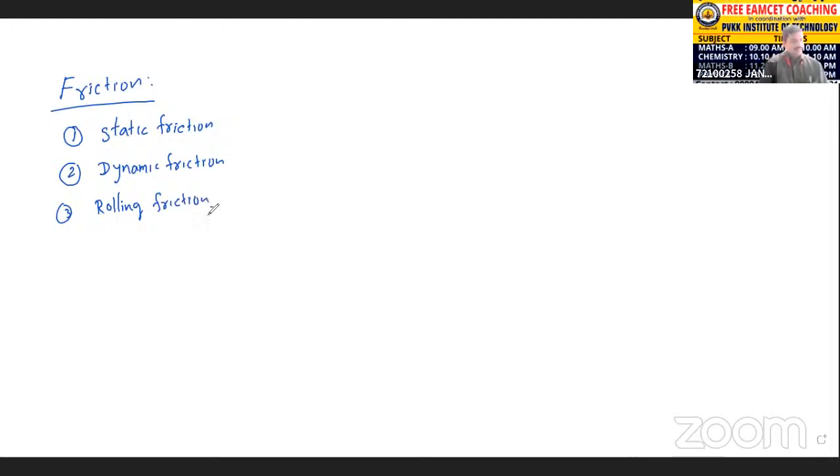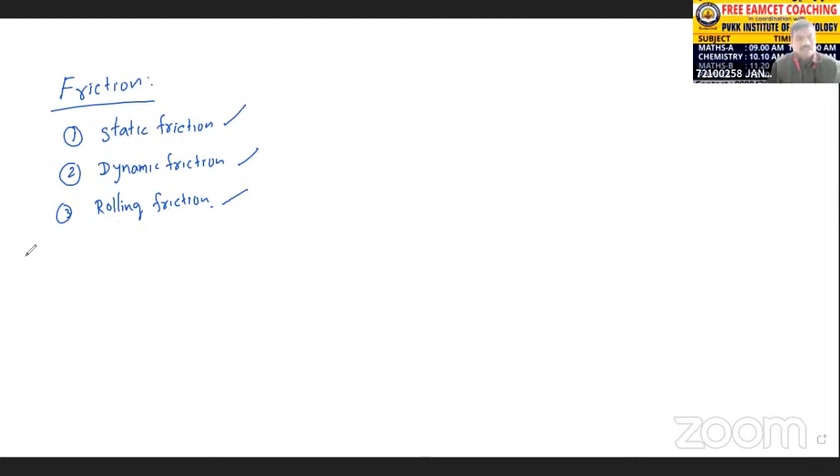So static friction: the opposing force is less than the frictional force, so the body does not move. This self-adjusting force is called static friction. When the frictional force is greater than the external force, the body moves on the surface. That is called kinetic friction or dynamic friction. When one body must roll, it is called rolling friction.